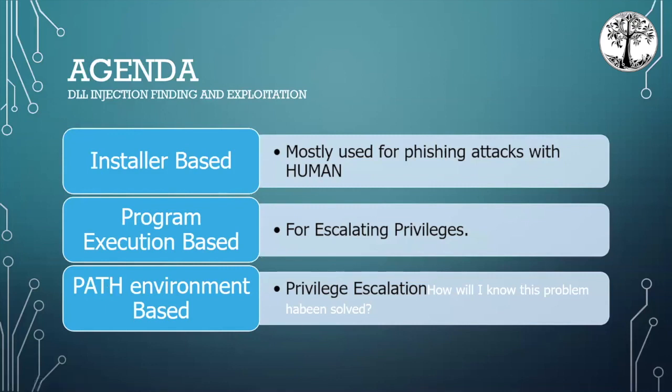The path environment variable. If you don't know it, just Google about it. You will get it easily. It's simple: if you want to type something like CMD or ipconfig, you don't have to put the full path, like C:\.